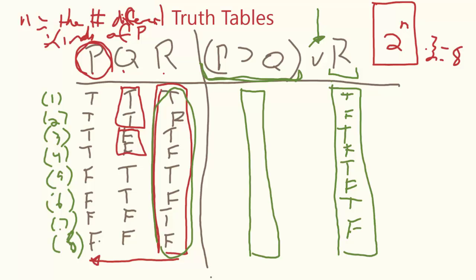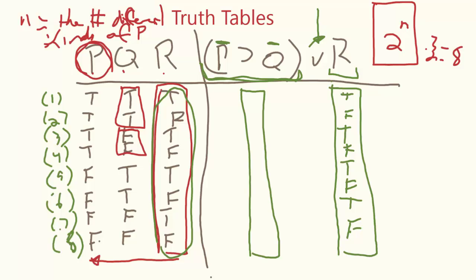But in figuring out our left disjunct, if P then Q, we have to remember when conditionals are true and when they're false. And they're false in only one case. They're false in the case in which the antecedent is true, and the antecedent is P in this case, the sentence that's to the left of the horseshoe, and our consequent is false, which is to the right of our horseshoe.